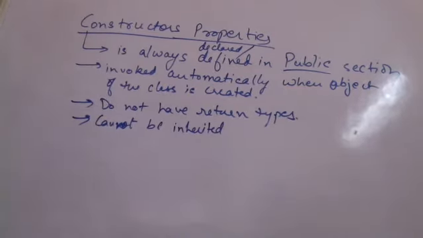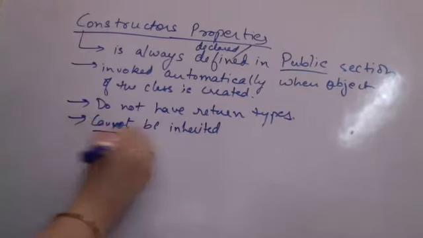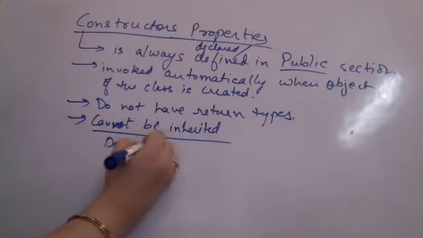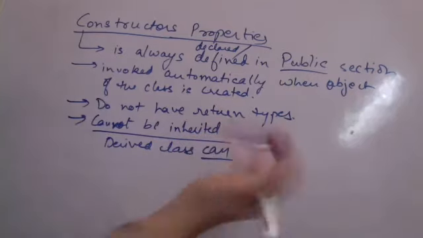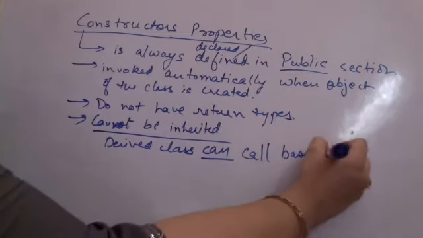Even after saying this, a derived class can call the base class constructor. They cannot be inherited, but a derived class can certainly call the base class constructor. We'll see how it can be done.